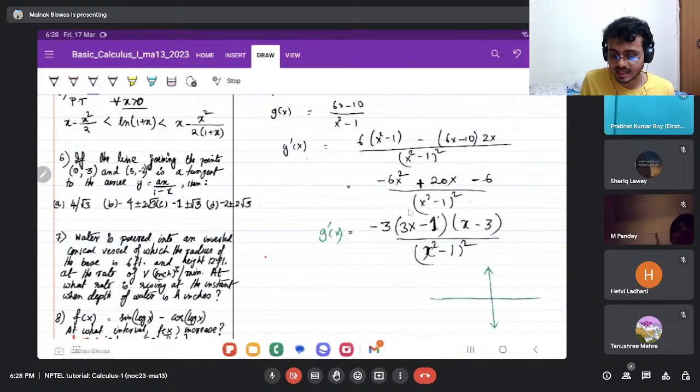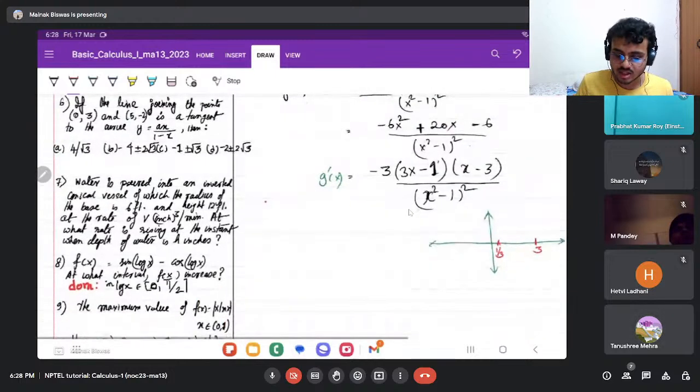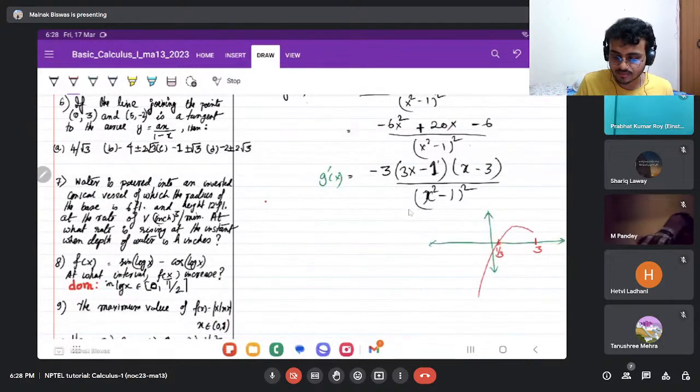So in the first class we discussed how to see the sign of a function that can be written in factored form, right? So what are the roots of the function? 1 by 3 and 3, right? And the function is downward like this. Agreed?